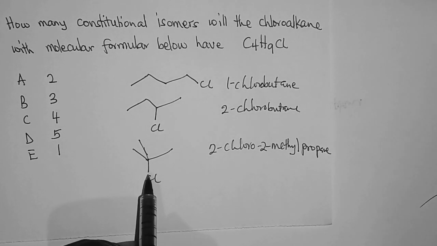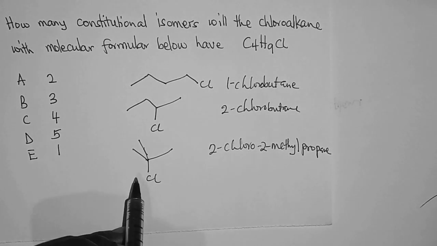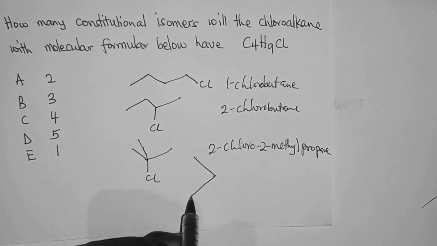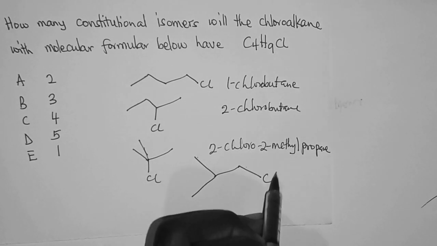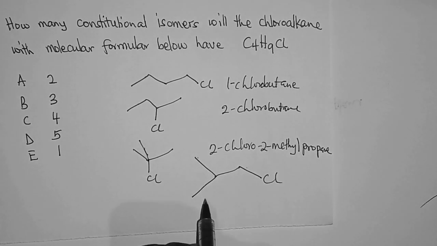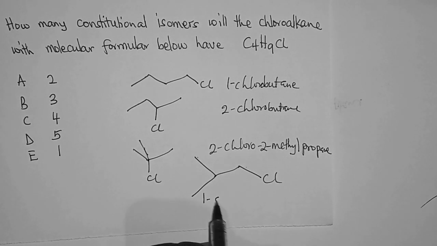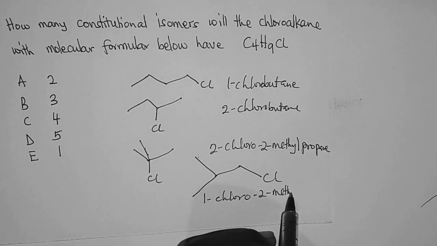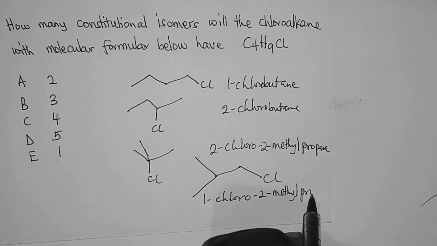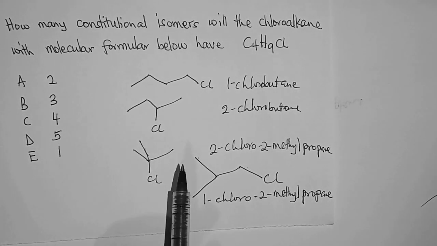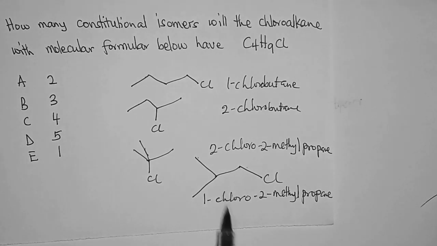The other thing we can do is have this structure as well, and this is 1-chloro-2-methylpropane. So these are the only isomers of chlorobutane we can get, and therefore there are 4: 1, 2, 3, 4. The correct answer is 4 isomers.